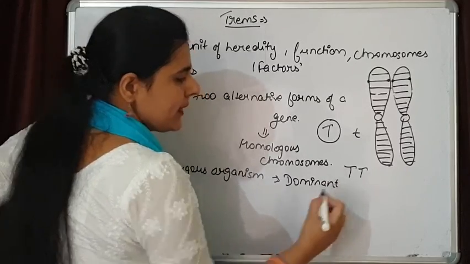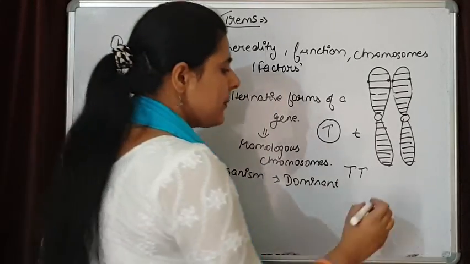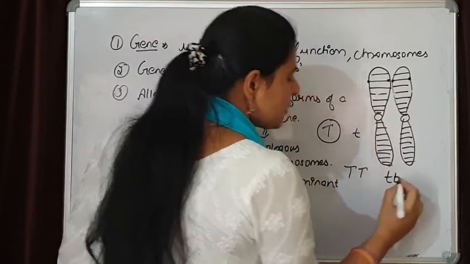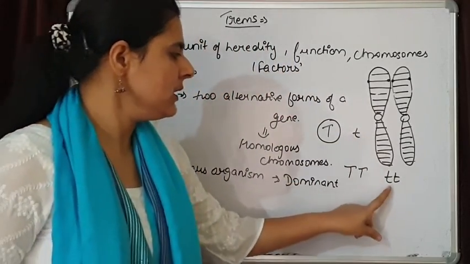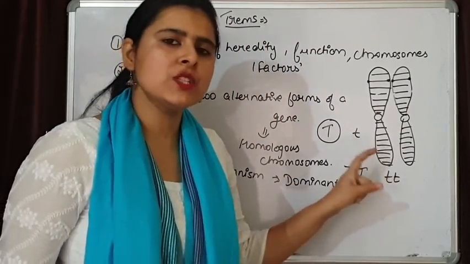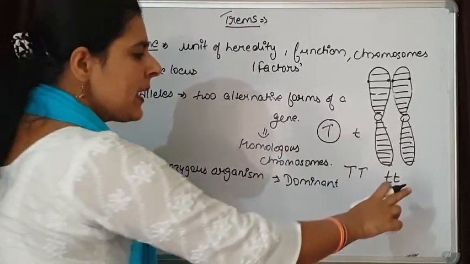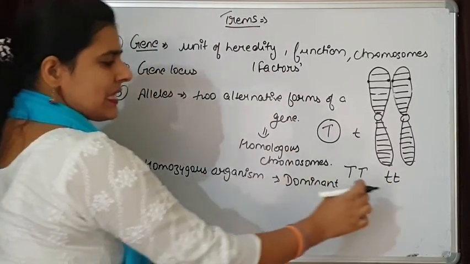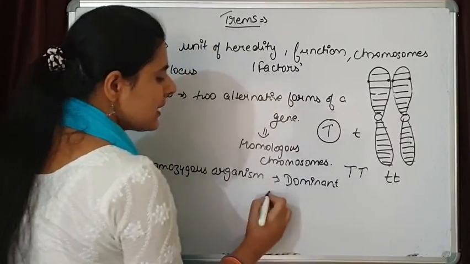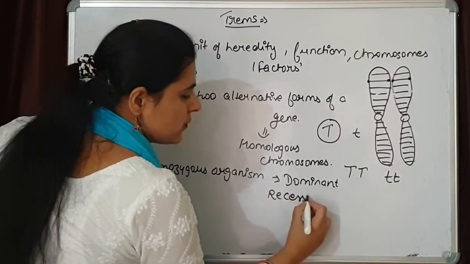Homozygous dominant. Another situation can be that the organism contains both alleles as small t and small t. So this is again a homozygous organism, because it is going to produce the same type of gametes, but here the condition is recessive.